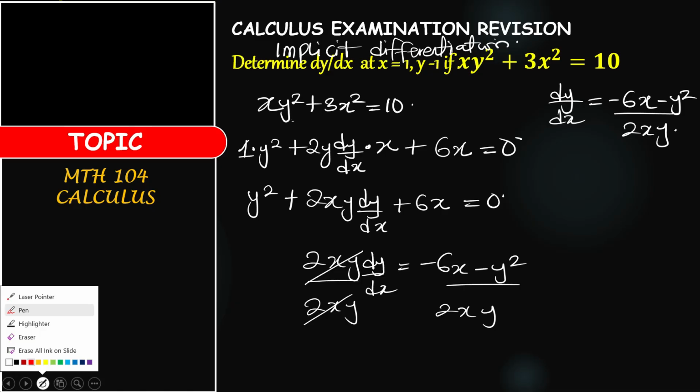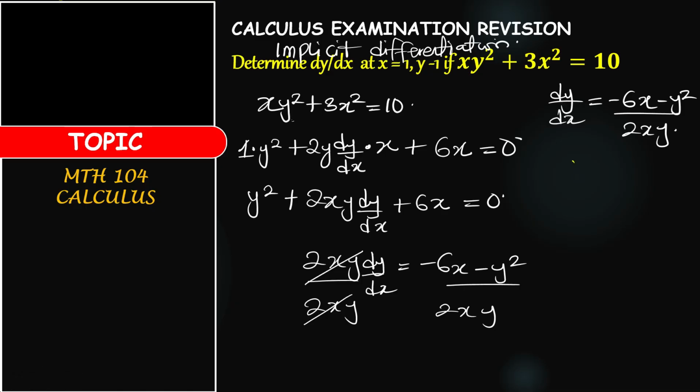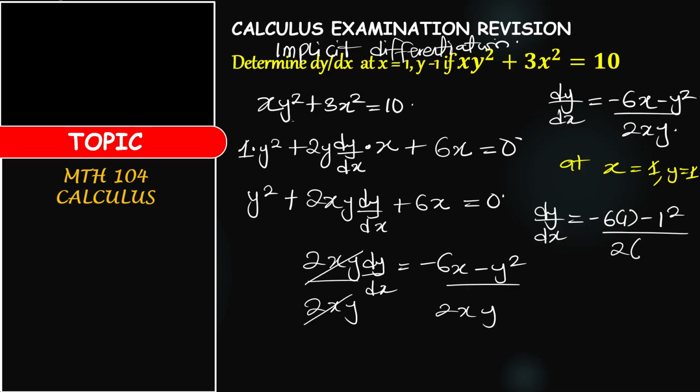Now at the end of the day, you have some point given to you at x equals 1, y equals 1. So wherever you see x, put 1; wherever you see y, put 1 in that equation, so that your dy/dx will be minus 6 bracket 1 minus 1 square divided by 2 bracket 1, 1.